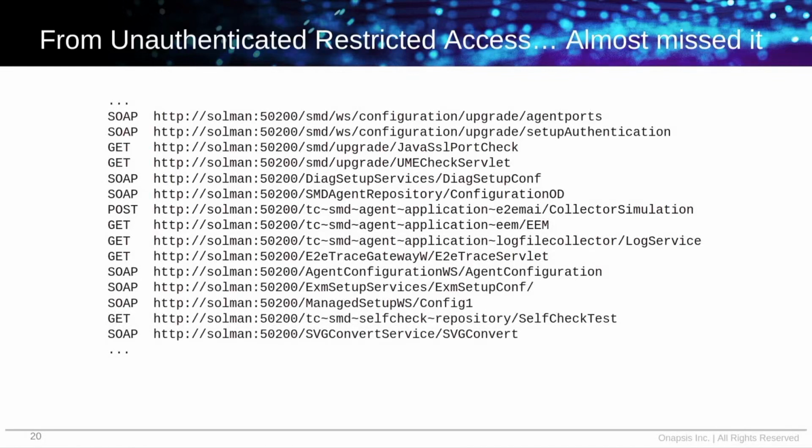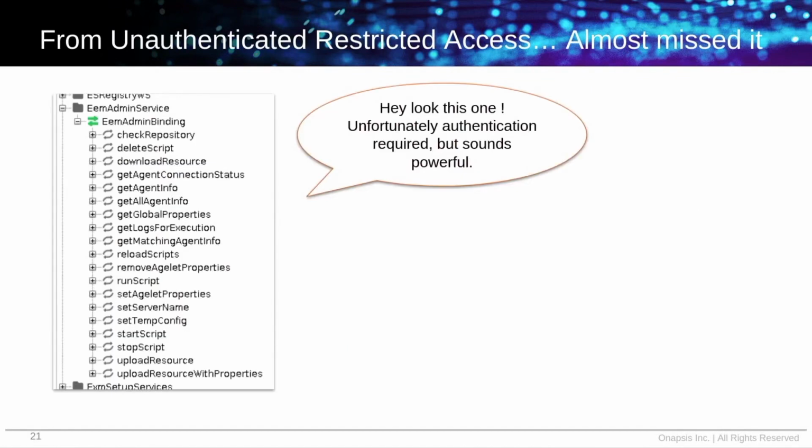So we tested all of them. Basically, all of them are authenticated, and some of them are not very interesting, some yes, etc. Eventually, we found this one, EEM service admin. And the true story was something like that. I provided the URL to Patu and said, hey, look what I found. It looks like a very, very powerful web service, but unfortunately, this is authenticated.